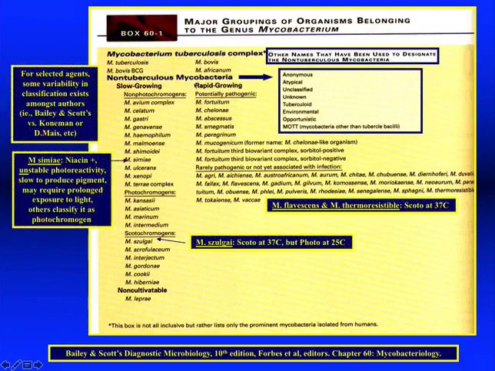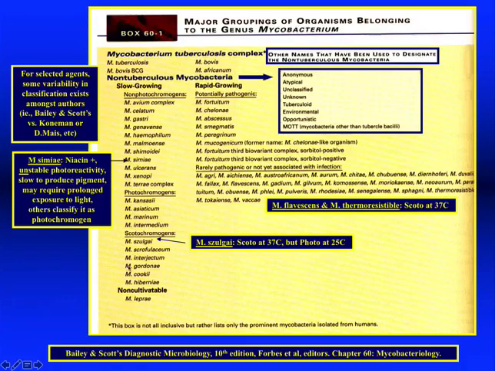For selected agents, since this is all subjective and phenotypic, there's variability in the classification amongst different authors. If I go to Koneman's book, and if I go to Murray's book, and if I look now at Bailey and Scott's, you'll see differences such as, for example, M. simiae. M. simiae has very unstable photoreactivity, and it's very, very slow to produce pigment. It may take more than the 6 weeks that we traditionally incubate.